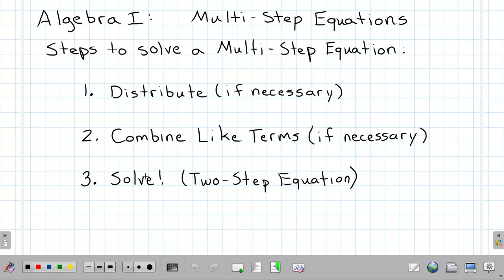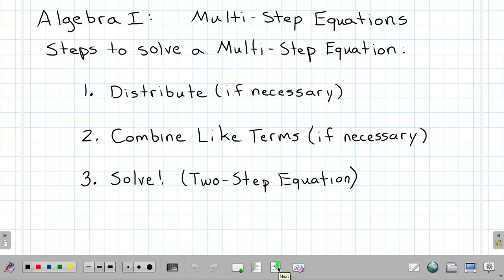Because if you do those two things, this bottom one's actually super easy. Just solve the equation. It's going to be a 2-step equation, and you use the same steps that you've used to solve every 2-step equation up to this point. It's the same thing.